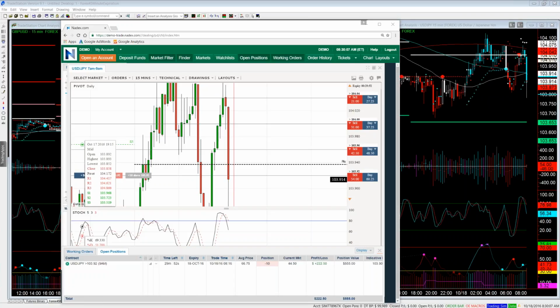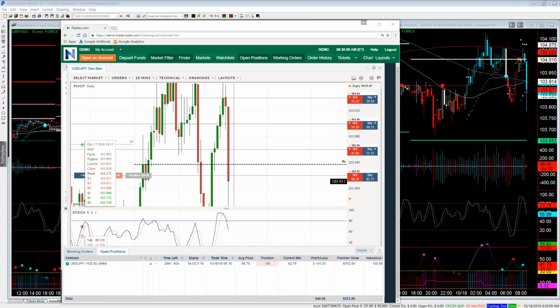And there you have it. Yeah, the core CPI came in at 0.1. Yeah, it is.